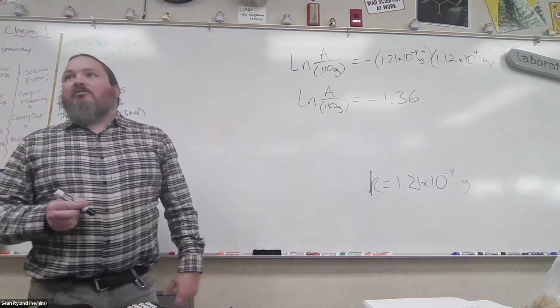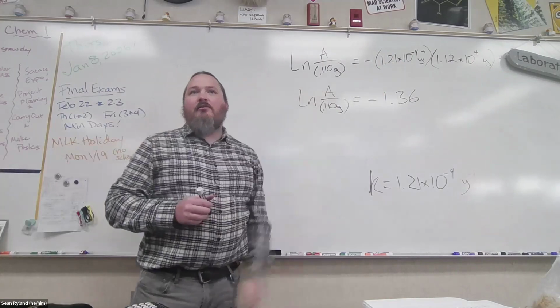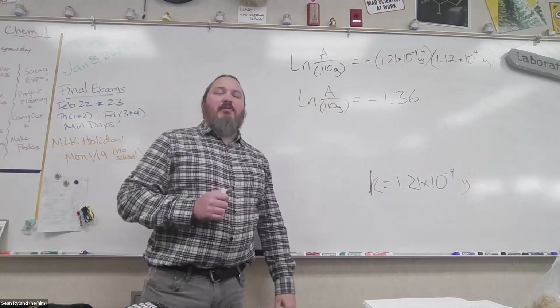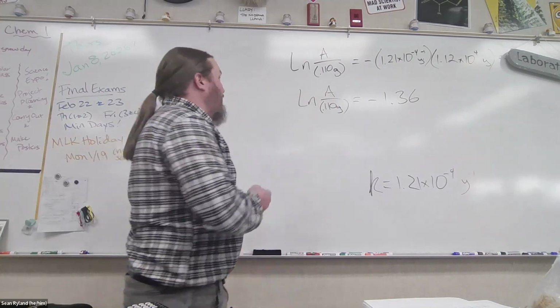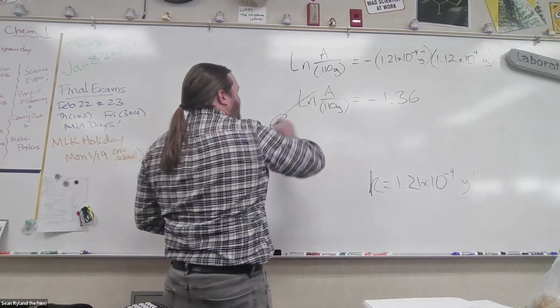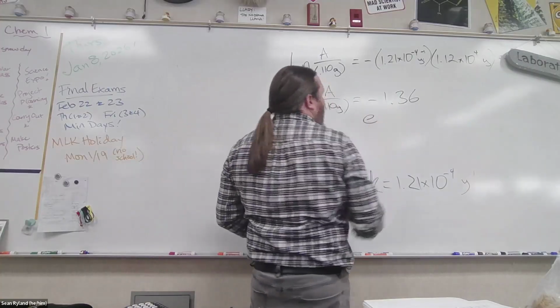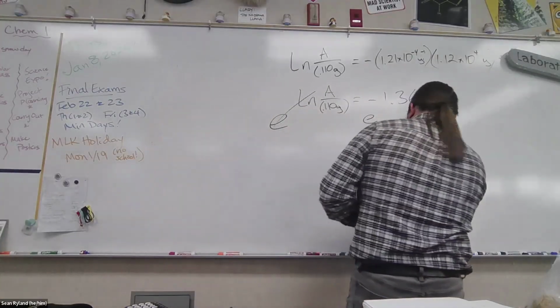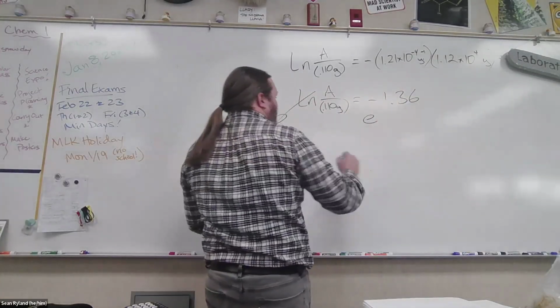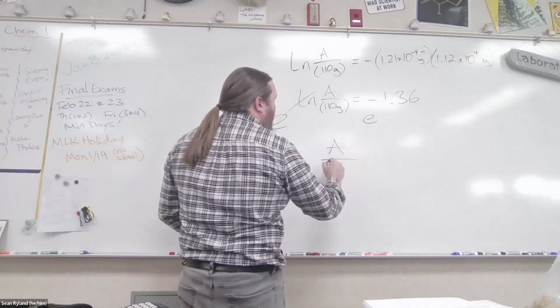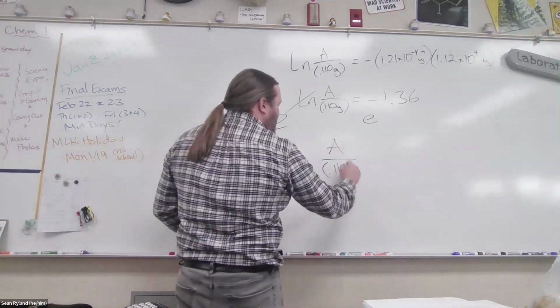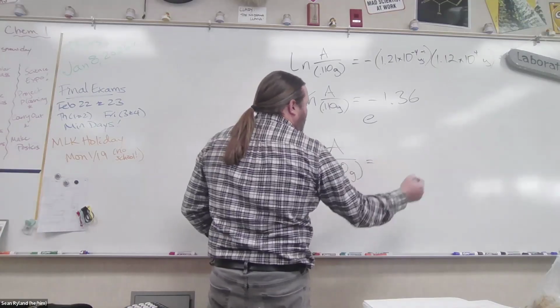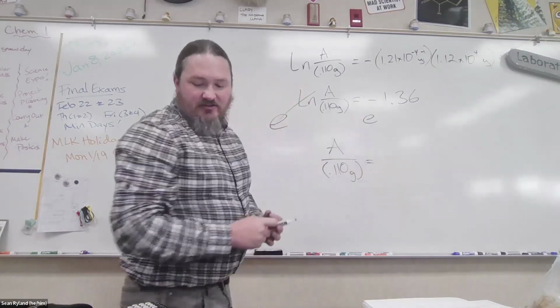How do we cancel out natural log? We're trying to solve for A. E to the power of both sides. That's going to cancel out. Then we get A over 0.110 grams equals whatever that number is.